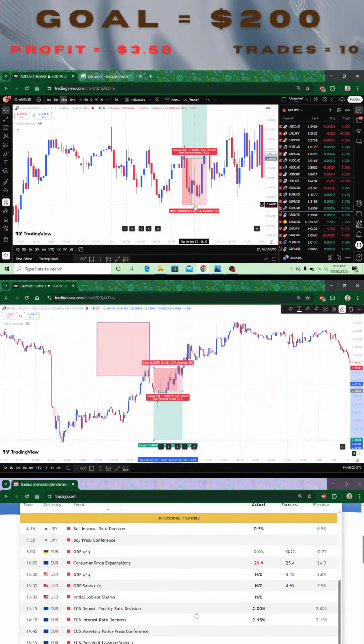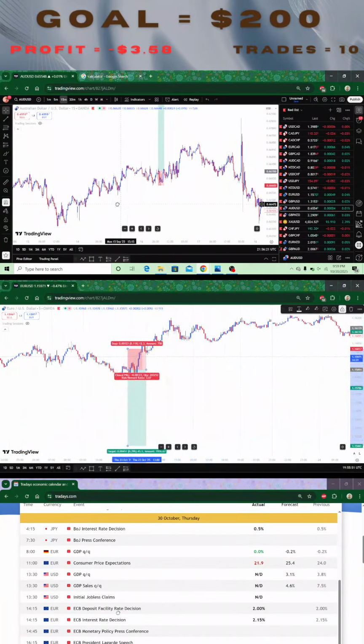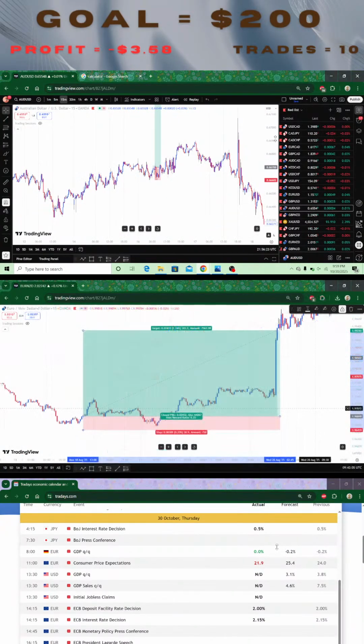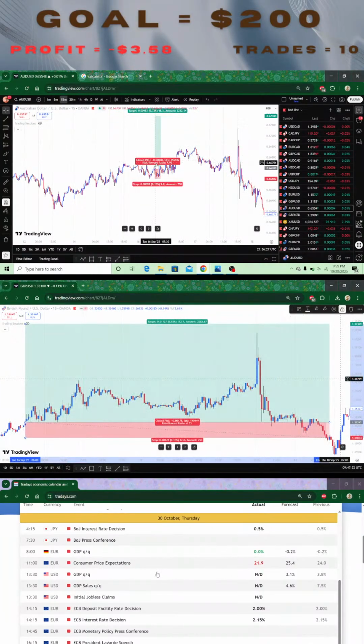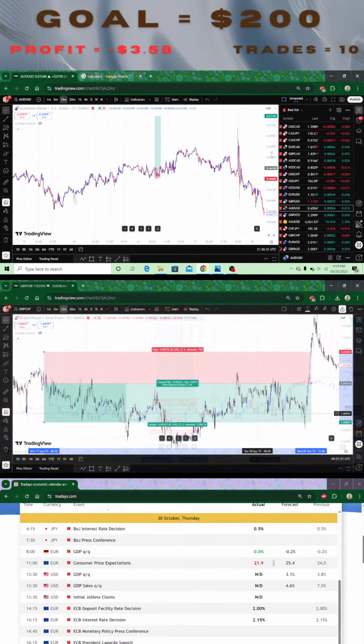Well, let's look into the future and see if it dodged that pip. It's very obvious that this trade was not meant to be, as you can see. Wait, this is a 1:4 ratio. I'm always criticizing this thing with a 1:4 ratio.